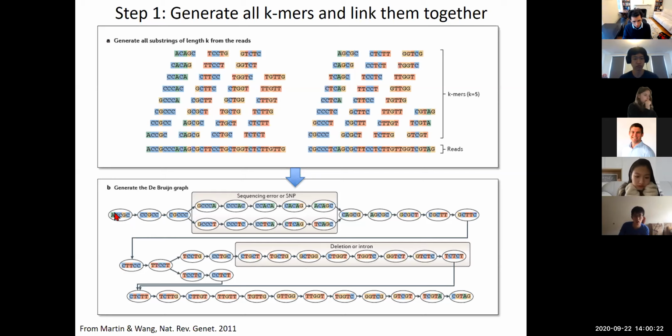That allows you to create graphs that have splits and then remerges and deletions of introns and so on that allow you to eventually infer either sequencing errors or SNPs or splicing, and therefore maintain that ambiguity of your assembly according to each of the transcripts.